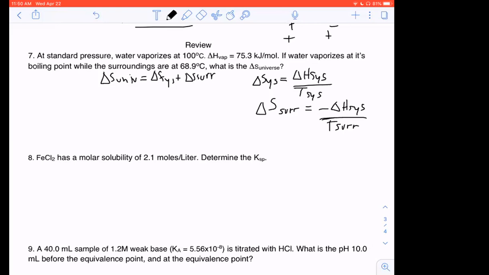And I will say, if you're in kilojoules, it's going to be a really small number. If you convert to joules, it'll make a little more sense.